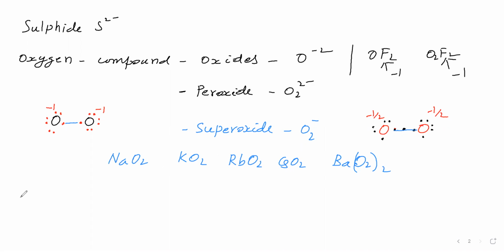Alkali metals, that is lithium, sodium, potassium, rubidium, cesium, francium, always show +1 in their compounds.